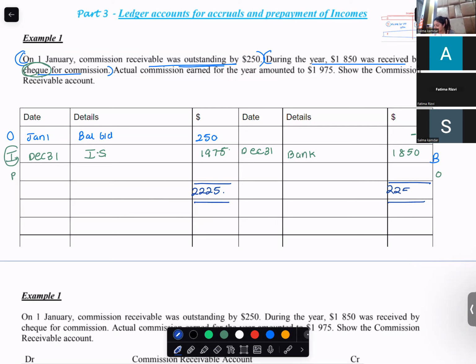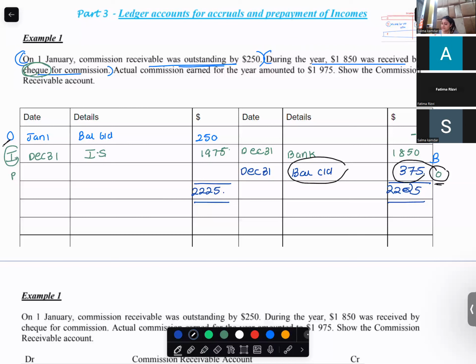Then the balance is 375. What does this balance closed down represent? It represents the money you received. What does this represent? This is the outstanding balance.